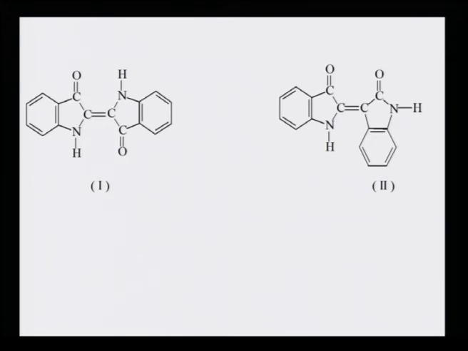The more the conjugation, the more it shifts from colorless to colored compound. Similarly, the same kind of moieties, but joined in a little different orientation, make the indirubin. So, you see that structurally similar compounds form the very simplified structure of this natural dye, and it can also be synthesized in the laboratory very readily.